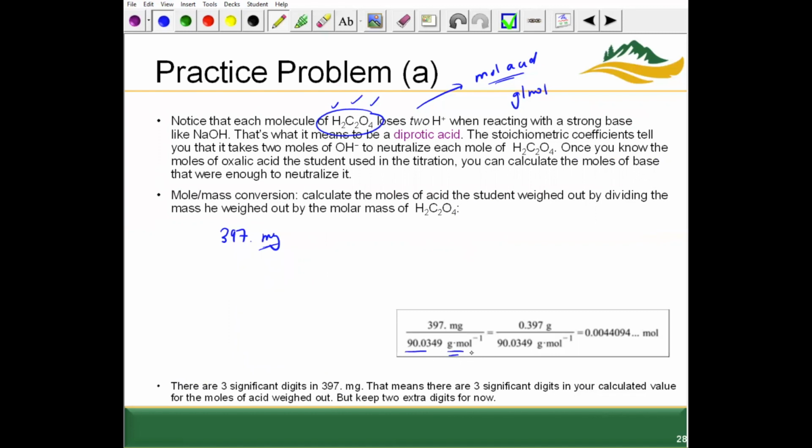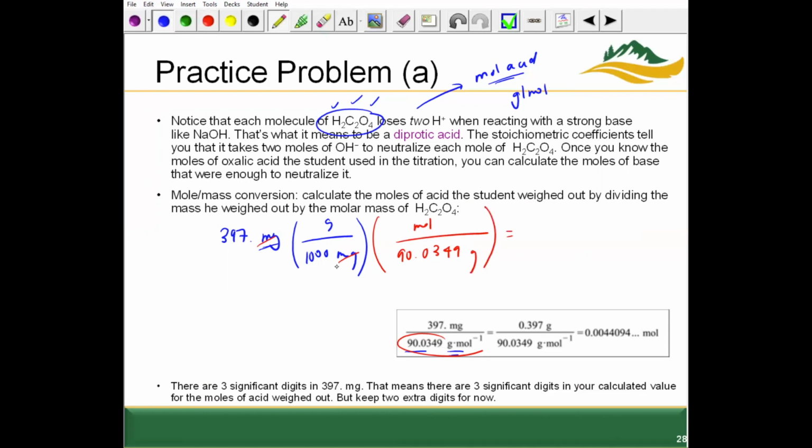To make this work with grams and milligrams, let's also convert milligrams into grams. So for every 1,000 milligrams, there's 1 gram. Let's go ahead and incorporate this molar mass here at the same time. So grams to cancel out, we need to put grams here in the denominator. So this many grams per mole.